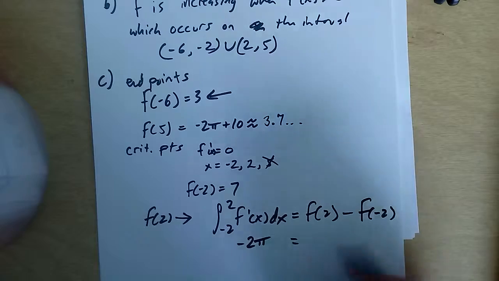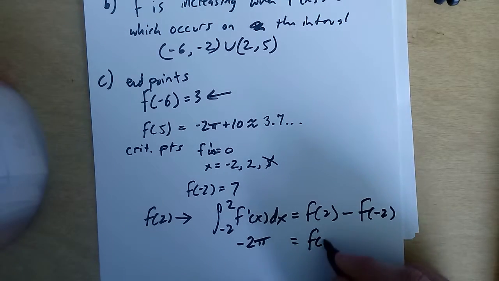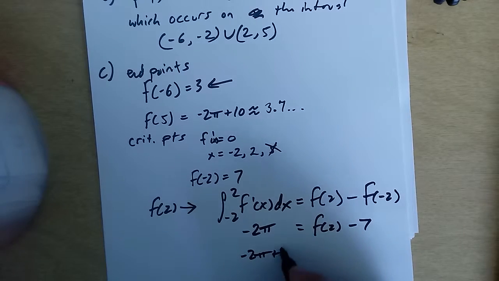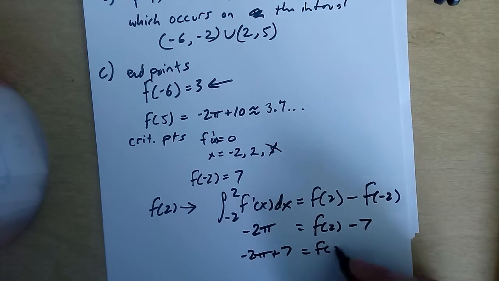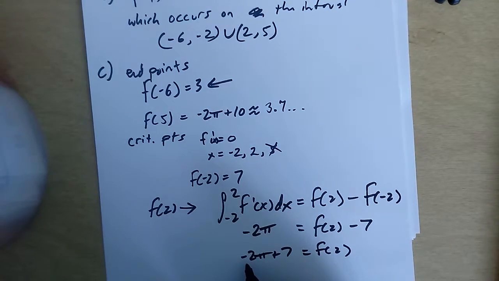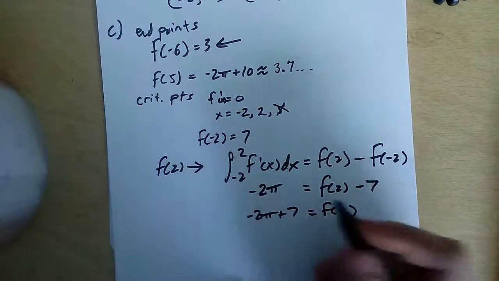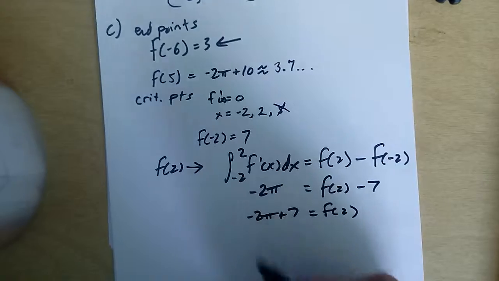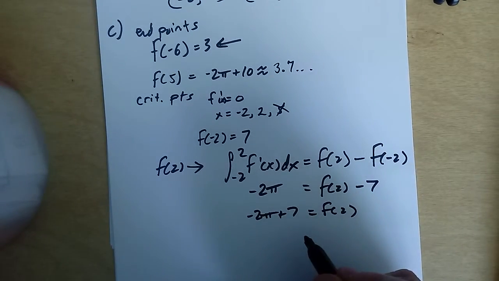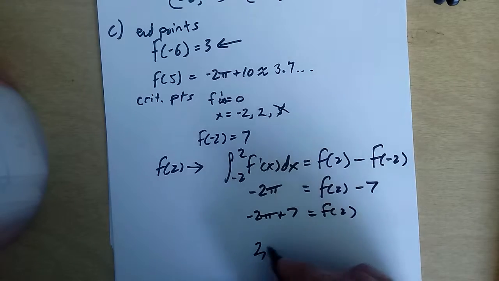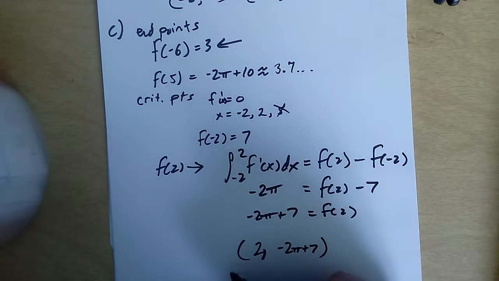We found that earlier. And we don't know f of 2, but we know that f of -2 is 7. So -2 pi plus 7 is equal to f of 2. Now that's less than 1, because 2 pi is about 6.28. So because of that, we know that (2, -2 pi plus 7) is going to be our absolute minimum.